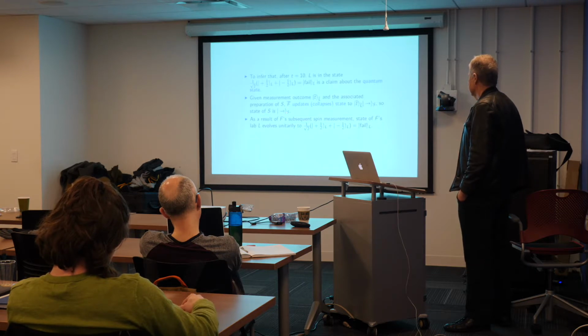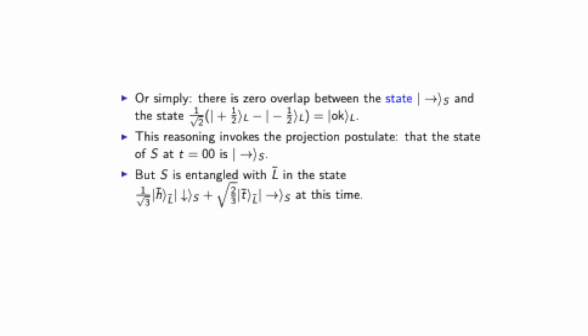And as a result of F's subsequent spin measurement, the state of F's lab evolves unitarily to fail. Or more simply, just note, as they do in the paper, that there's zero overlap between the state of the system and the state OK.